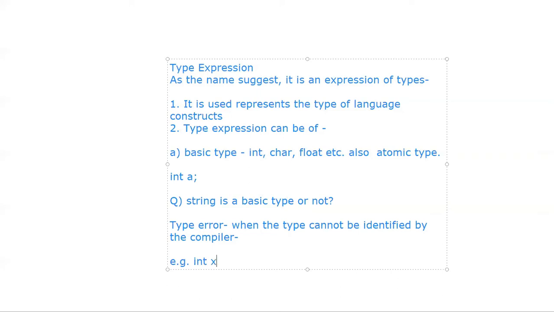Suppose I have declared integer x and z, and I'm writing the expression x is equal to y plus z. Now, can you tell me what type of error it is going to give? Y is not defined. So this type of error also comes under the category of basic type error, right?